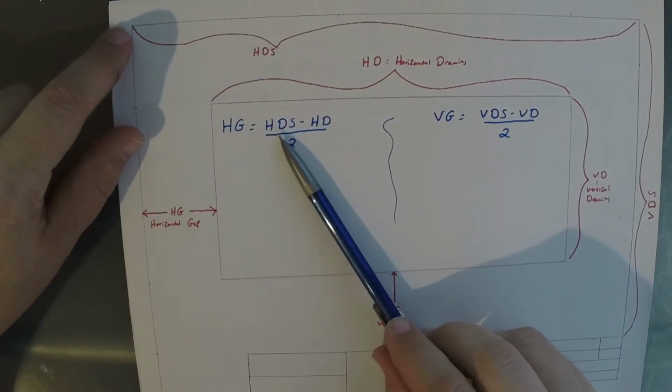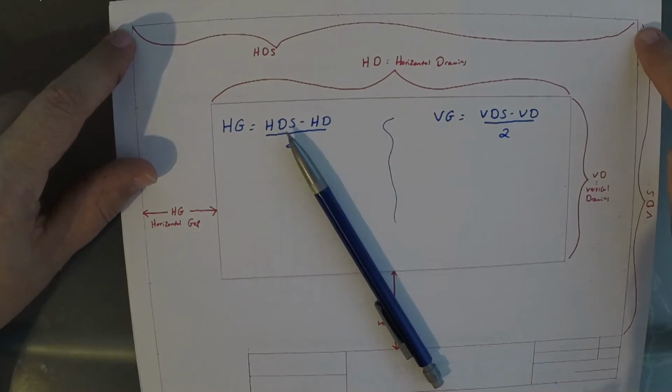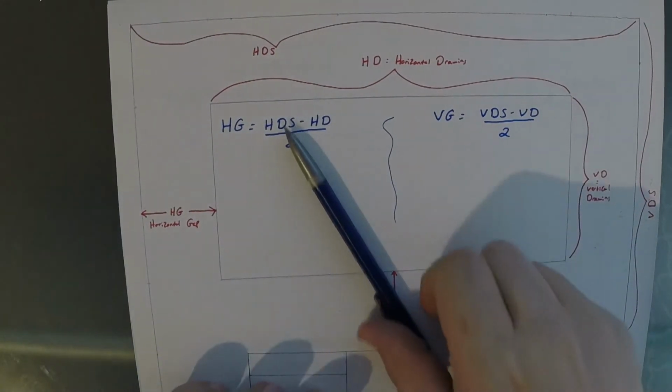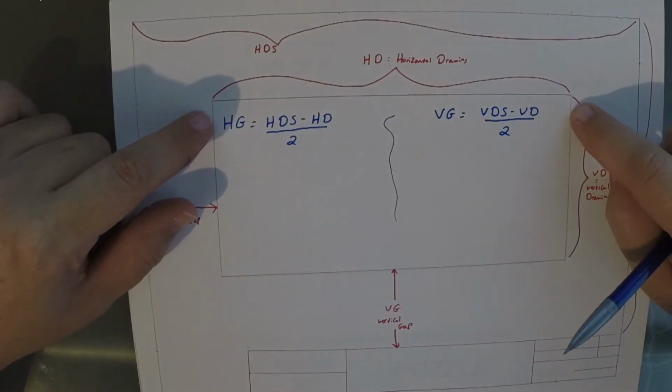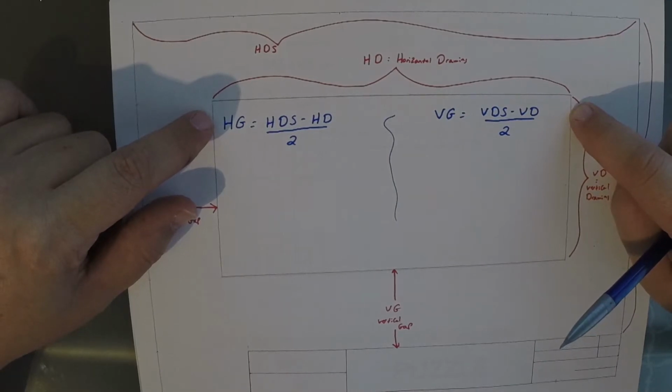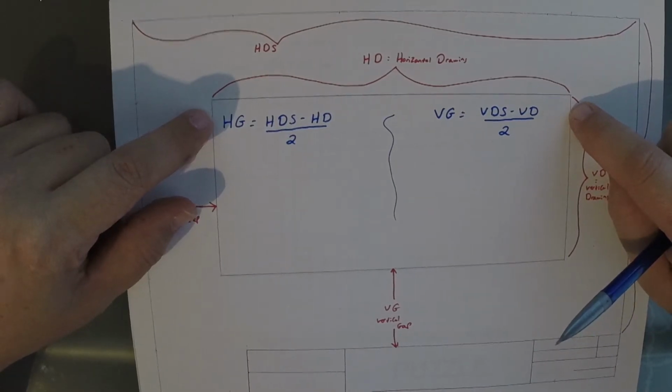HDS, horizontal drawing space, is the distance from the border line left to the border line right, and on this size paper that is always going to be 10 inches. HD is going to be the horizontal drawing of the puzzle itself.